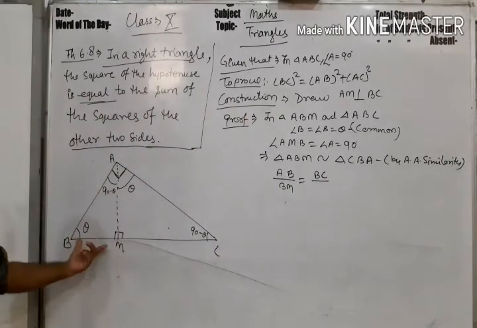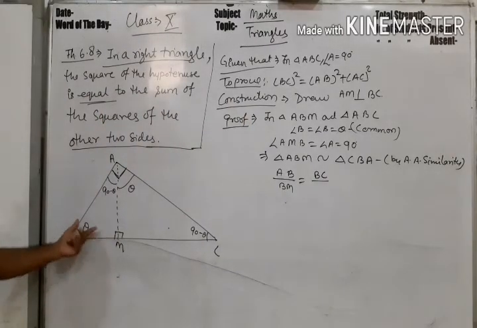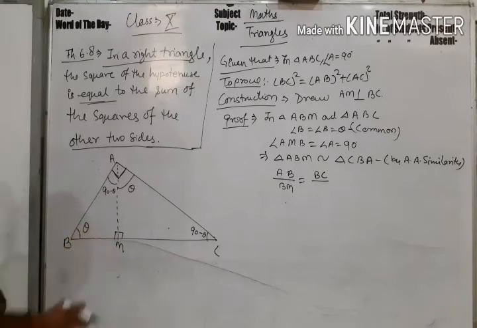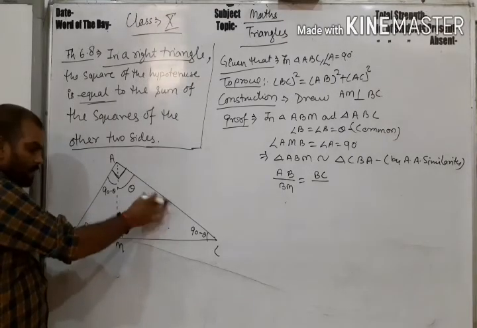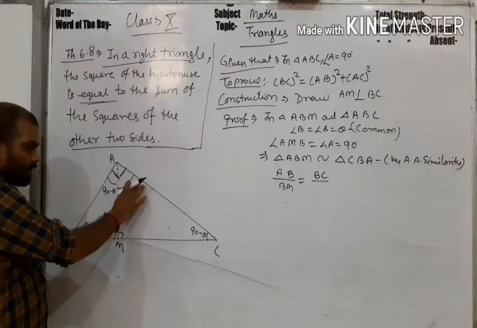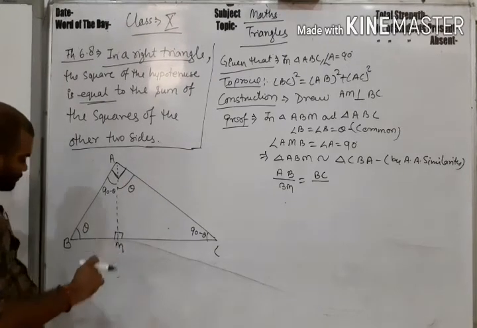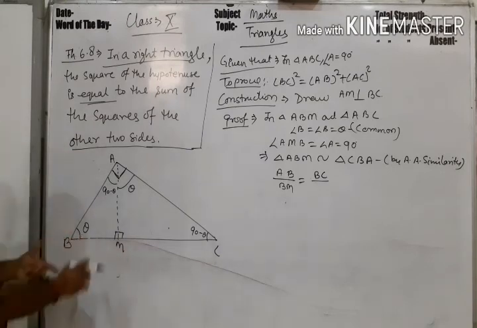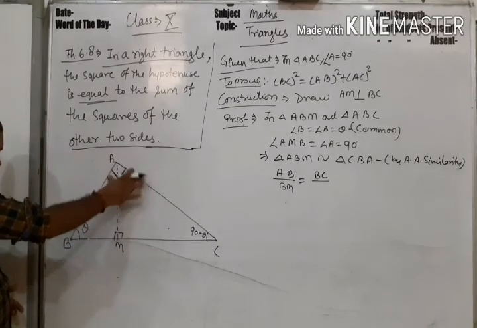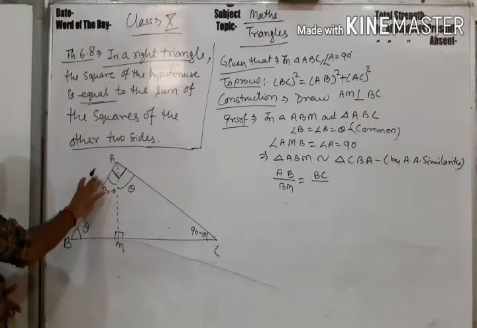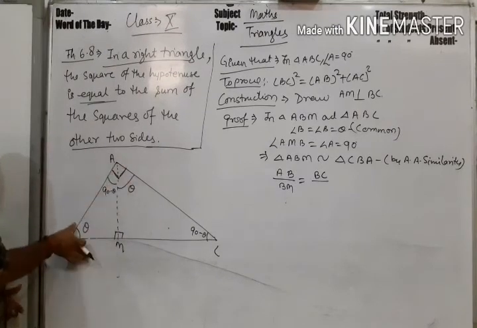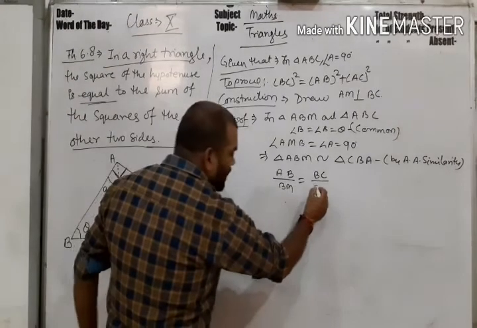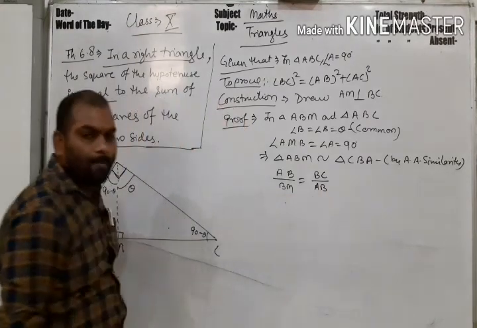And BM is the side containing the angle theta and 90 degree. In the whole triangle, AB contains the 90 degree and angle theta. So the corresponding side of BM will be AB.